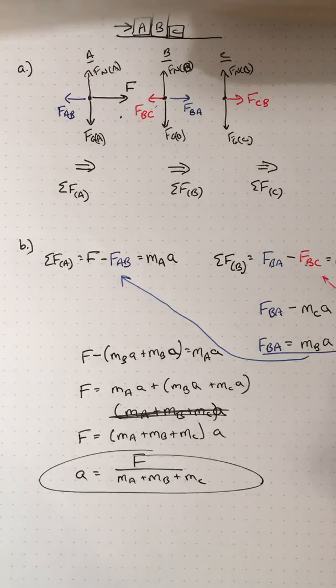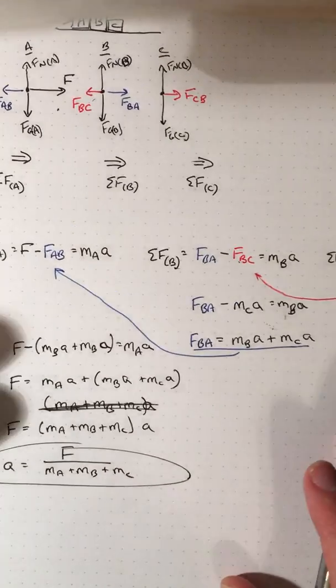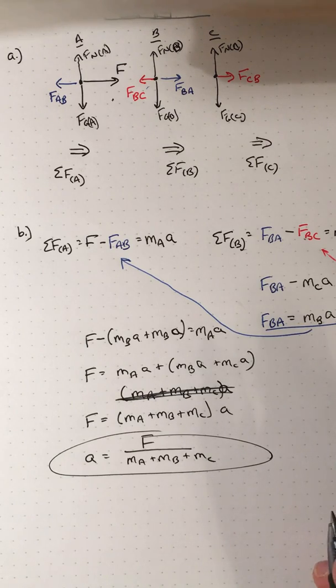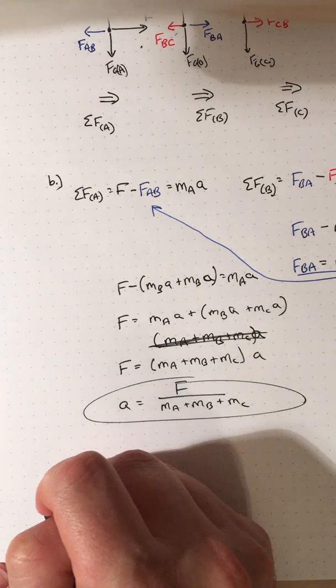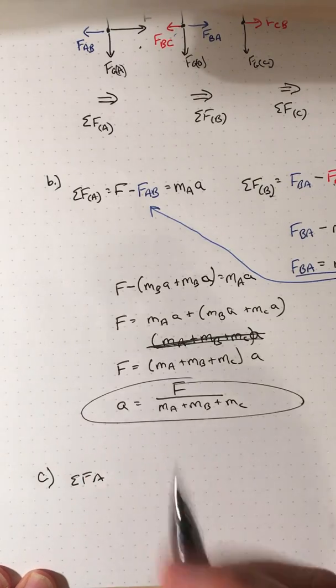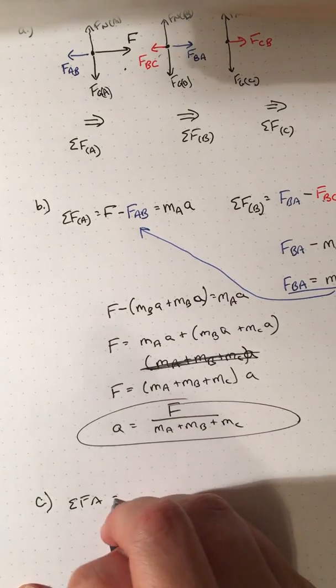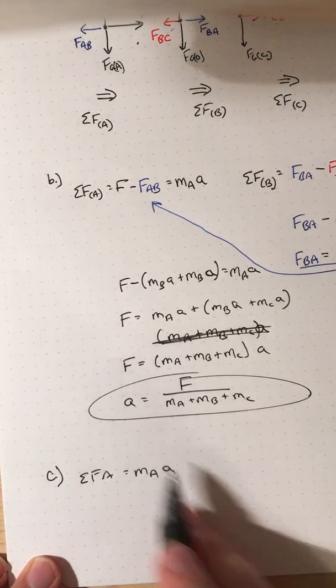So for C, we can say that the net force on A equals, we know it's MA times A. But we just found that A is this expression.